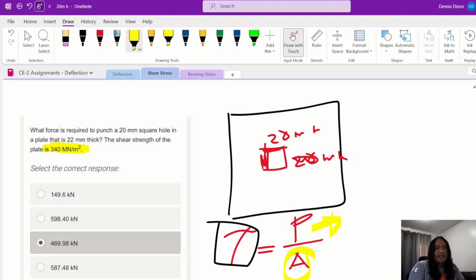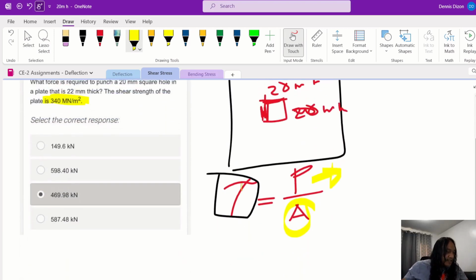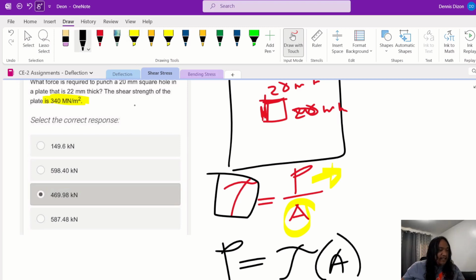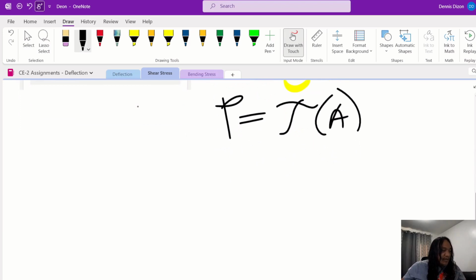Since P is unknown, then P is equal to your shear strength times the area. So this is just a direct substitution. We will solve for area.